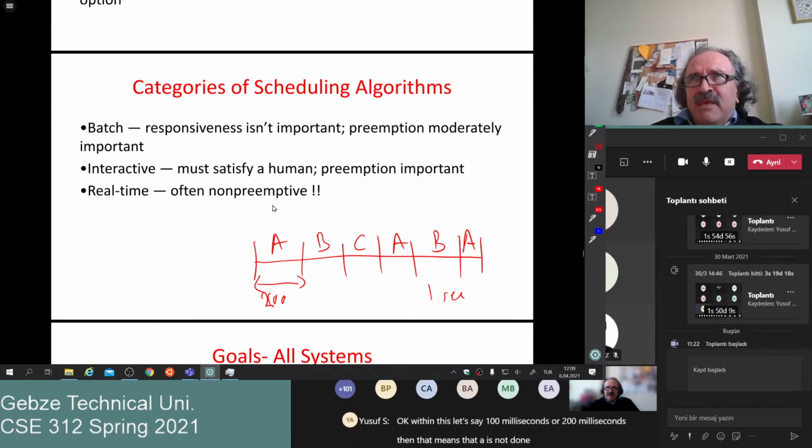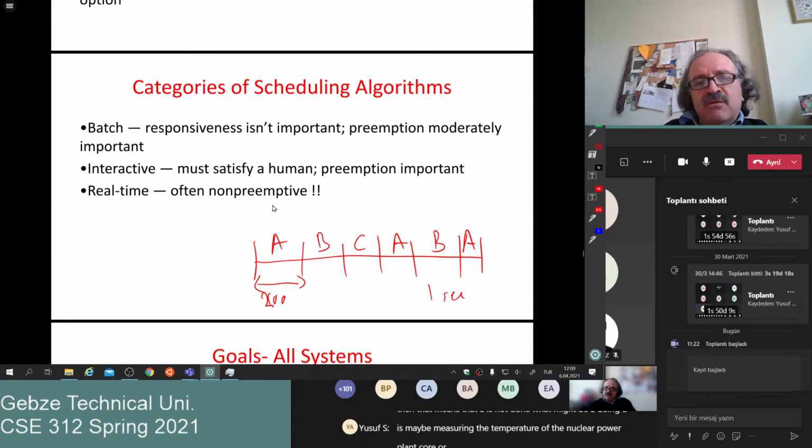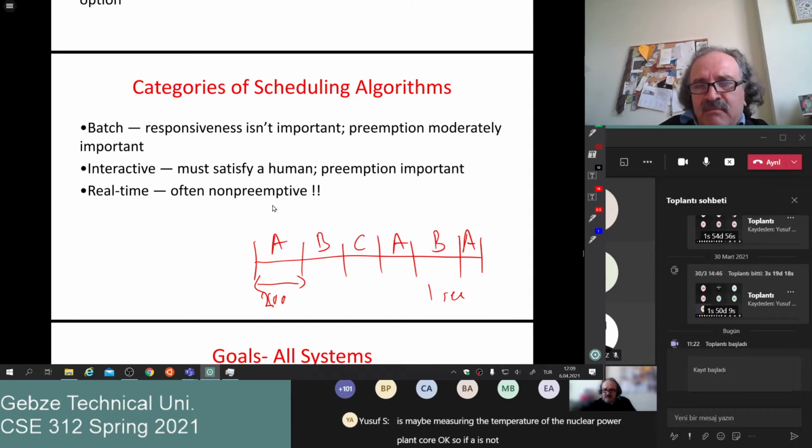What might A be doing? A is maybe measuring the temperature of the nuclear power plant core. So if A is not done measuring the temperature of the nuclear power plant core, that means that my nuclear plant is going to blow up in a few minutes.